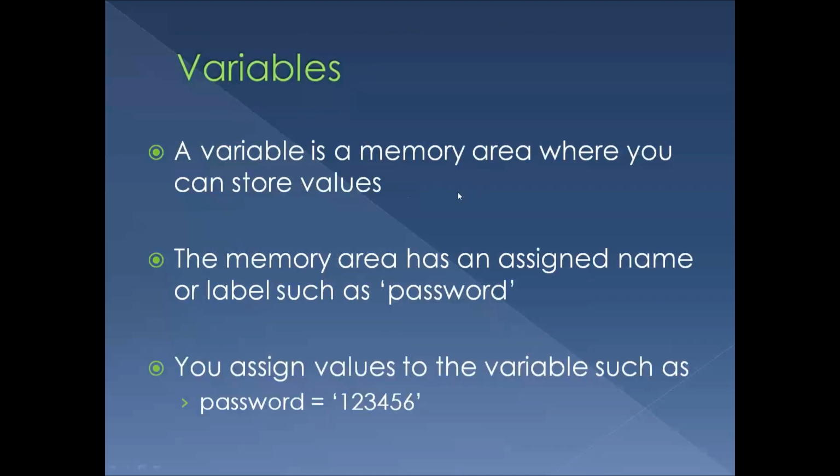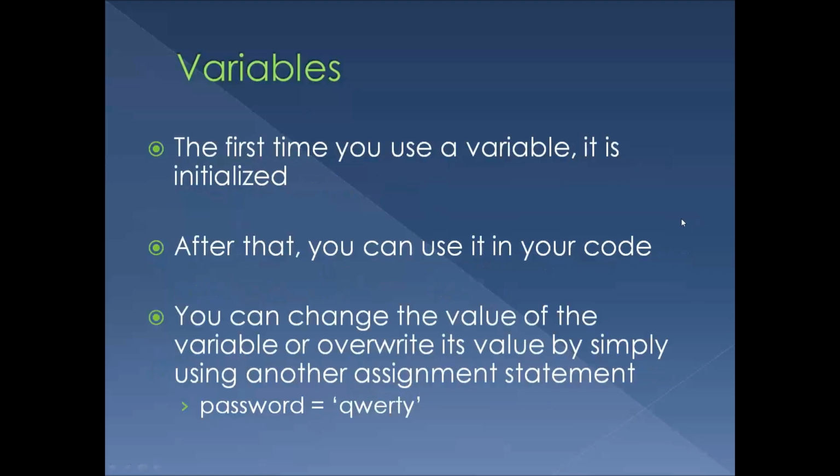A variable is a memory area where you store values. The memory area has an assigned name or label, such as password. You assign values to the variable, such as password is equal to 1234556. Very secure password. The first time you use a variable, it's initialized. After that, you can use it in your code.